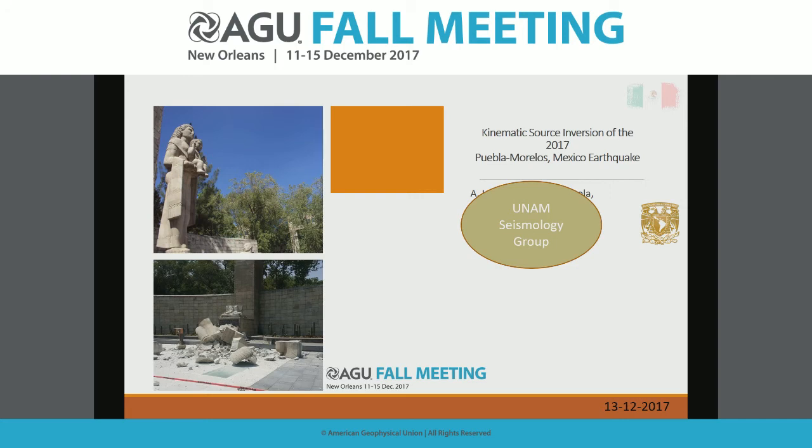But this fact suggests that in Mexico City, the intensities of this recent earthquake were worse than the previous one, at least in some parts of the city. Victor Cruz is going to talk about the regional effects and site effects, and try to explain that.